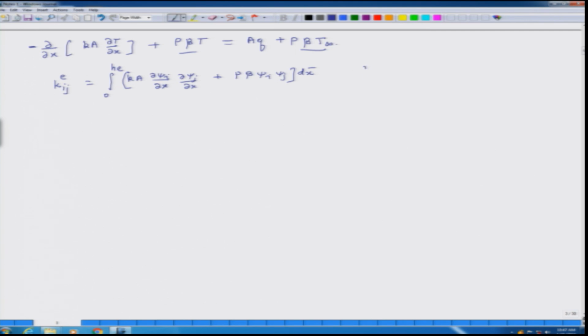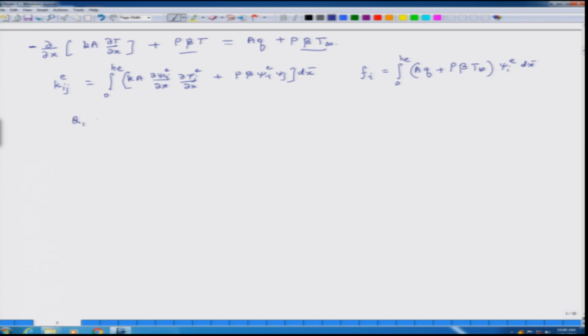Then in the force vector, the terms are AQ plus P beta T infinity, and because it is the eth element, I have to put a subscript E on all the parameters.